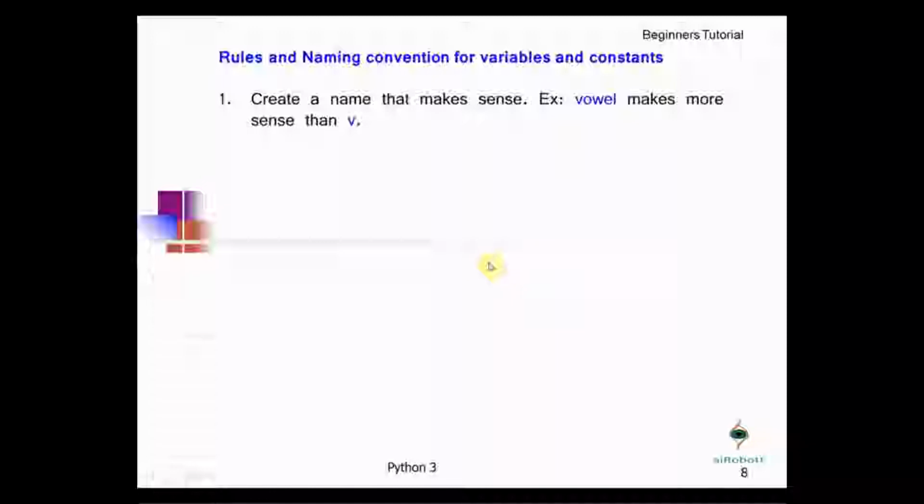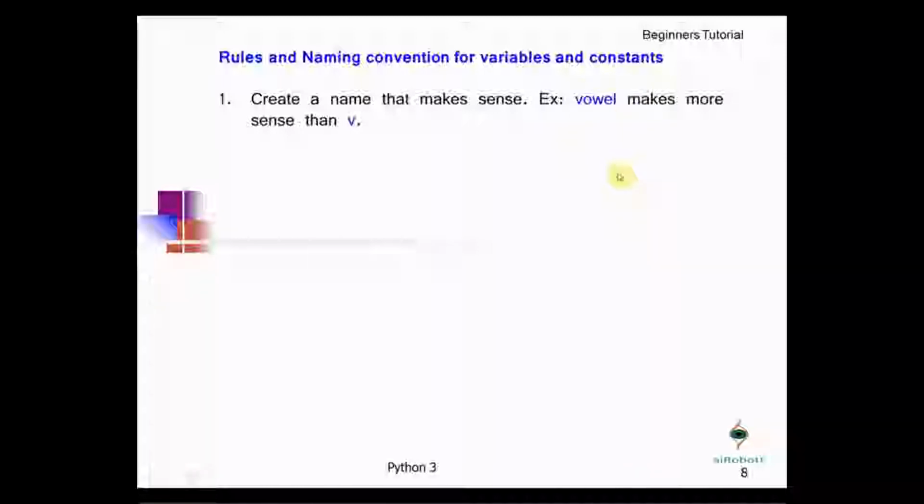First one is, whatever variable you are using, that must make sense. If you use the variable v for vowel, it does not make sense. Instead of that, you have to use the full word vowel as a variable.